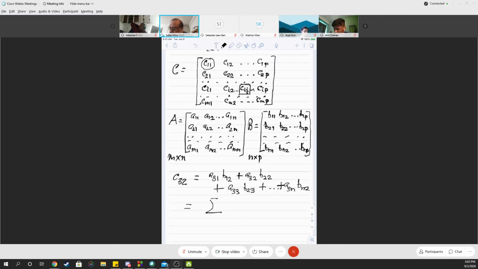Sigma, something is wrong. Third row of A. So A31, A32, A33. No. What is this?